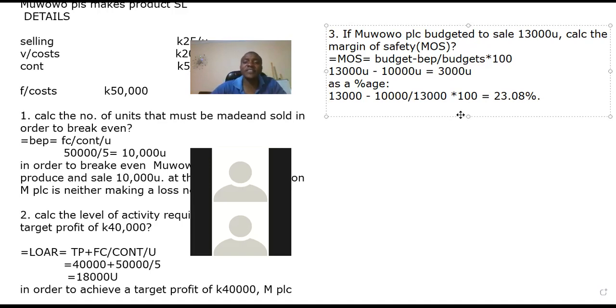So what we have is MOS. The MOS simply tells you, as a layman manager, the amount of risk involved at every level of production. But because I'm such a nice man, I always love to go an extra mile.